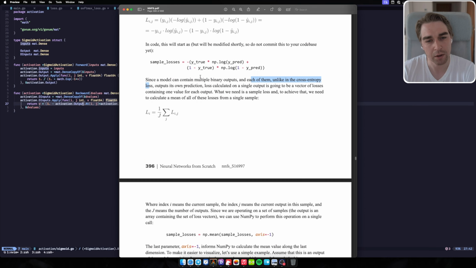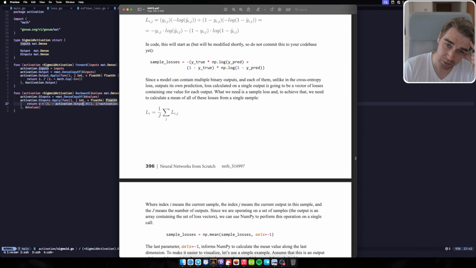Since a model can contain multiple binary outputs, unlike in the categorical cross-entropy loss, each outputs its own prediction. In categorical cross-entropy loss, when the model tries to predict, it creates a vector of probabilities for each class.